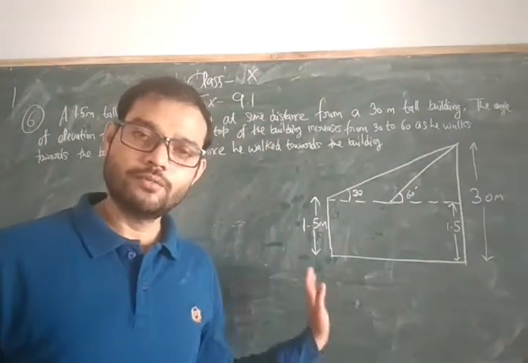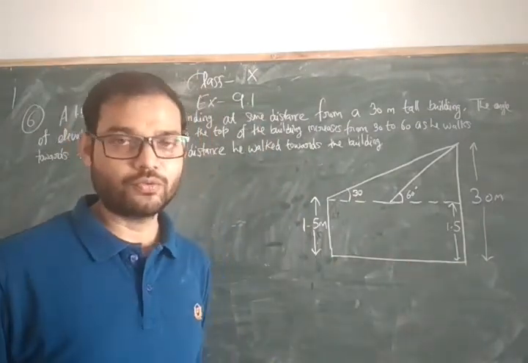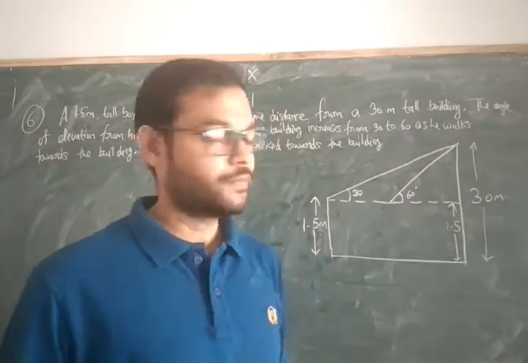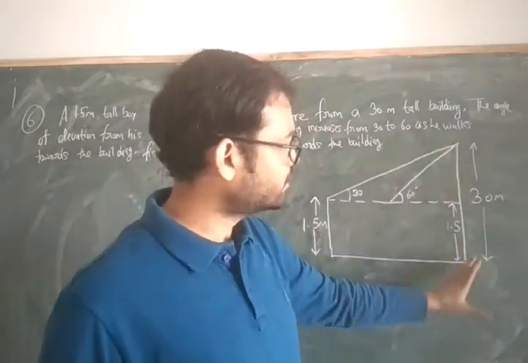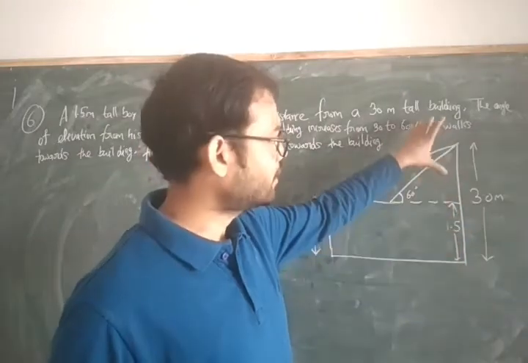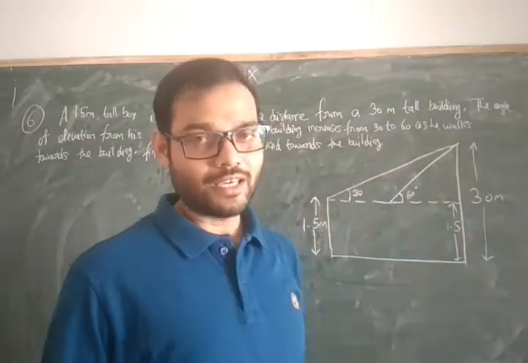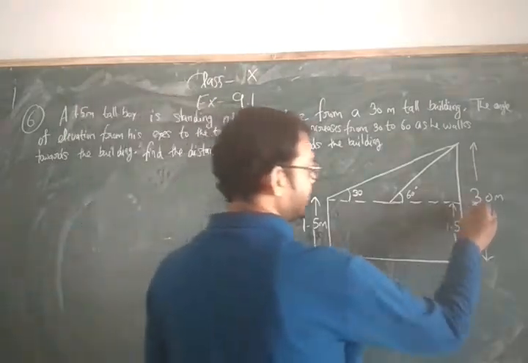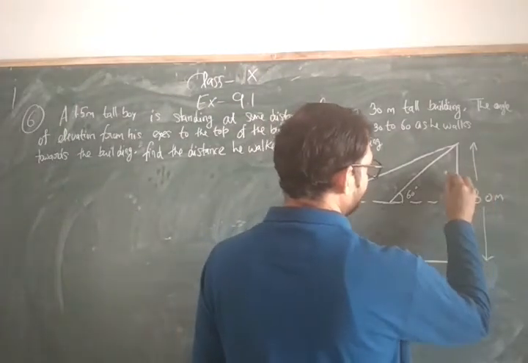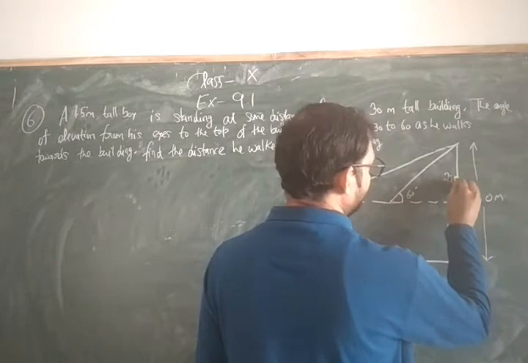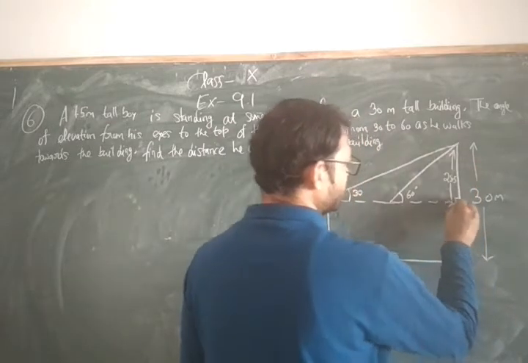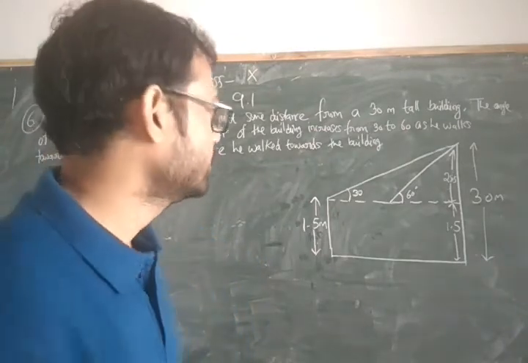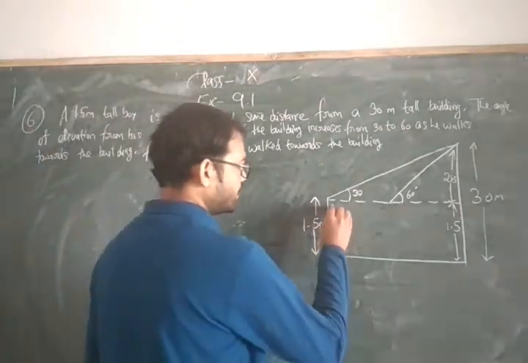Got it? And this whole is your 30 meter. If this whole is 30 and this is 1.5, then how much will this be? Yes, we will subtract it. 30 minus 1.5 becomes 28.5. So this height will be 28.5. Okay?